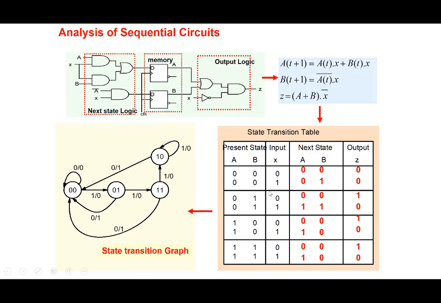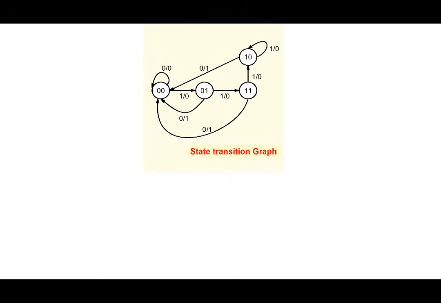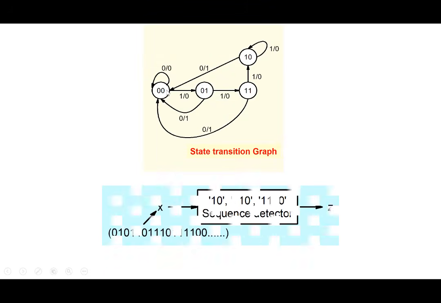So the entire table is captured in the form of a graph, and the graph makes it easier for us to understand what this particular circuit is doing. From this graph, I leave it for you to see that this is the behavior of the circuit: X is a continuously coming 1-bit data stream, and this data is coming in sync with the clock.